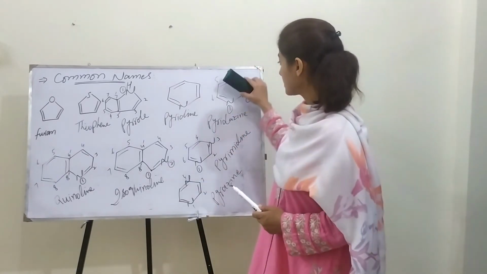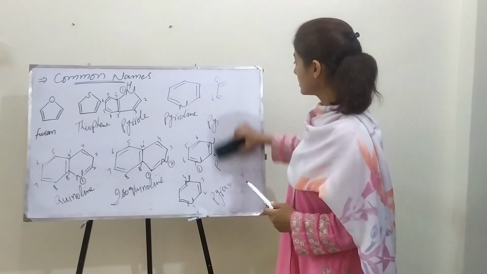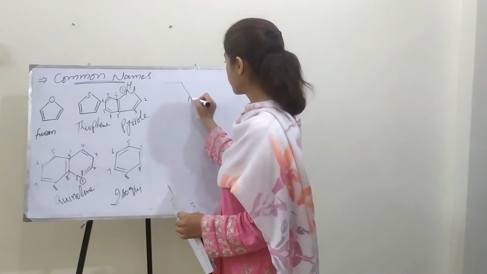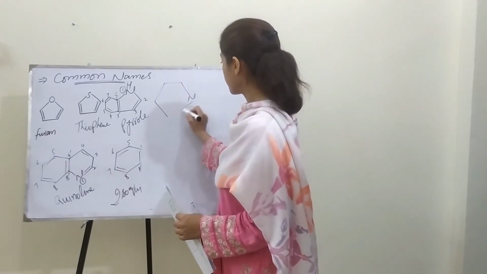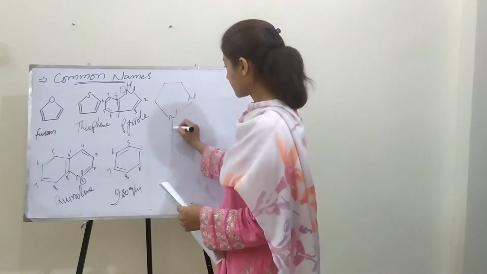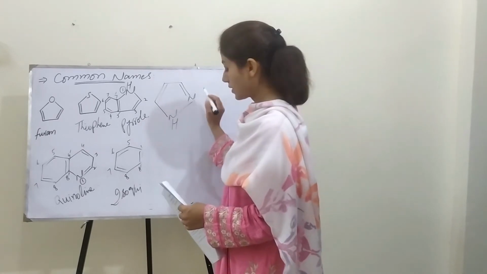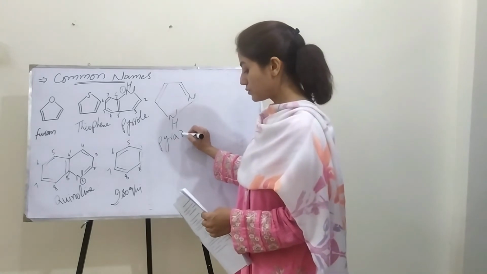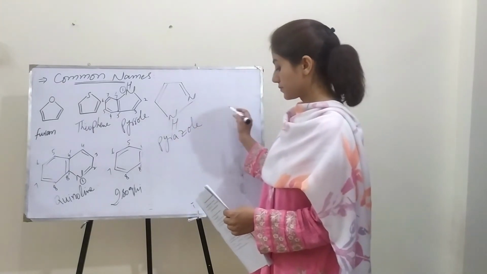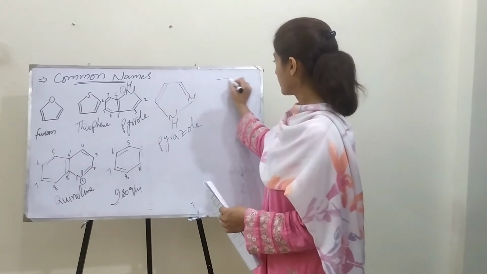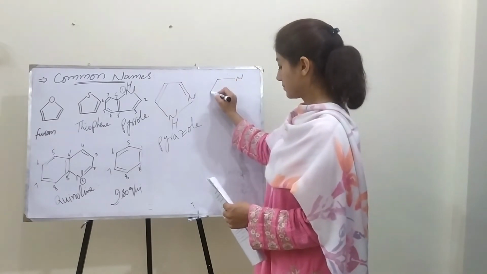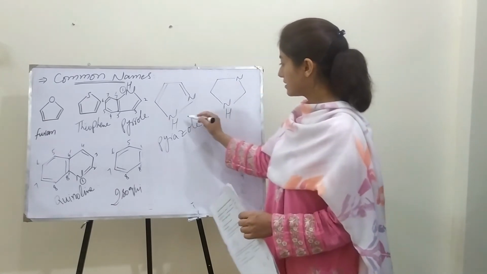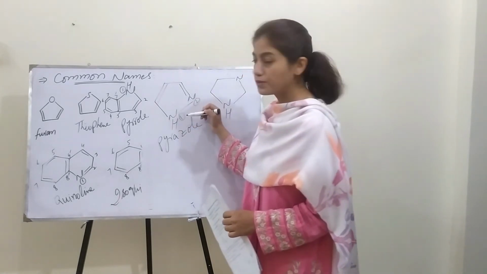So let's see some examples that contain 2 different heterocycles. For example, here the name of this compound is pyrazole. And here the nitrogens are present at 1 and 2 position.